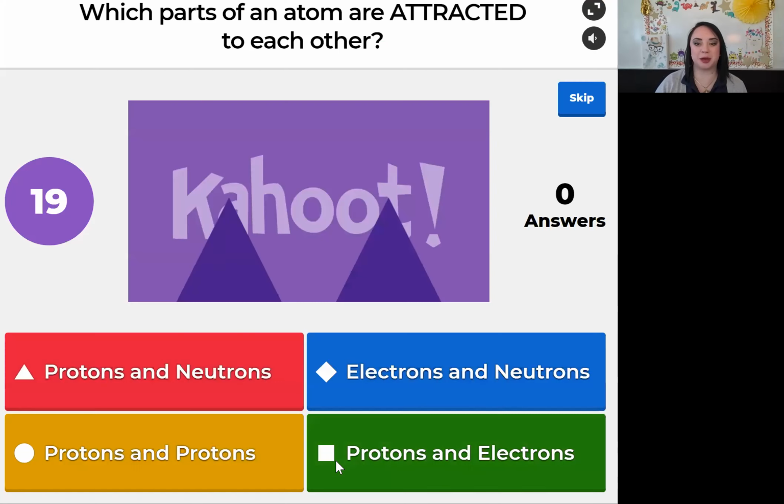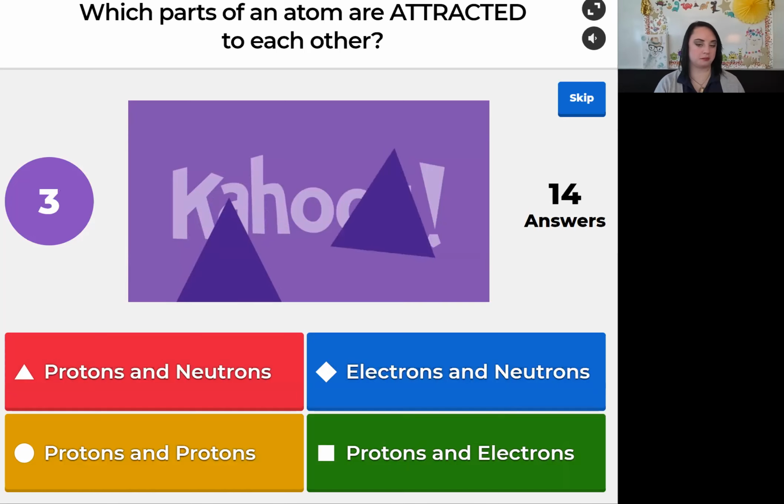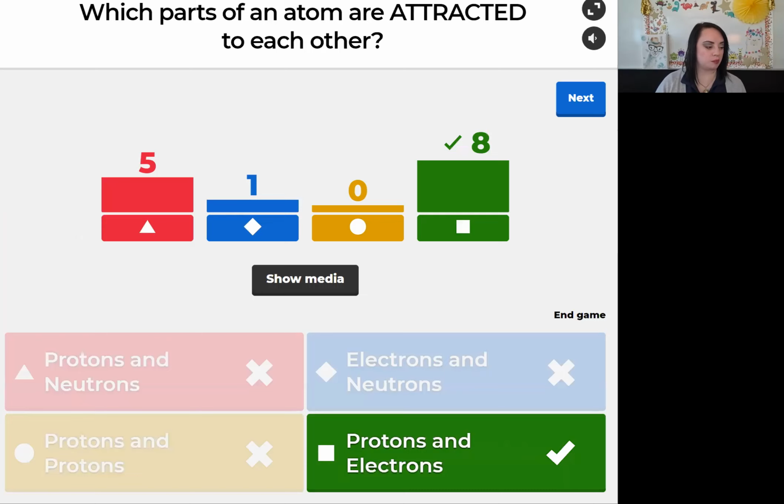Which parts of an atom are attracted to each other? Good. Protons and electrons, right? Because they have opposite charges.